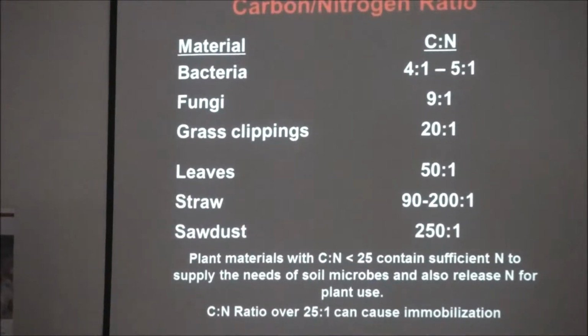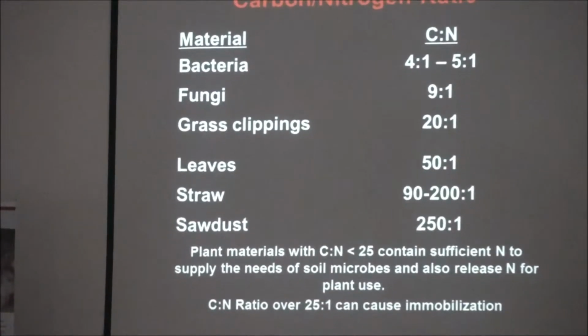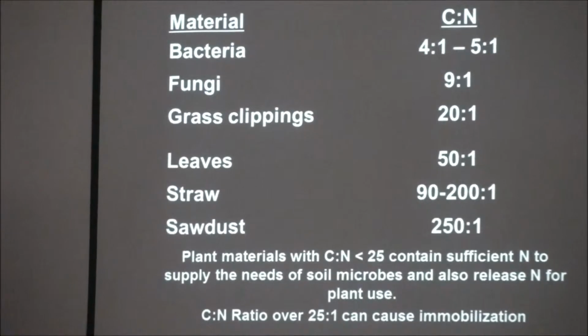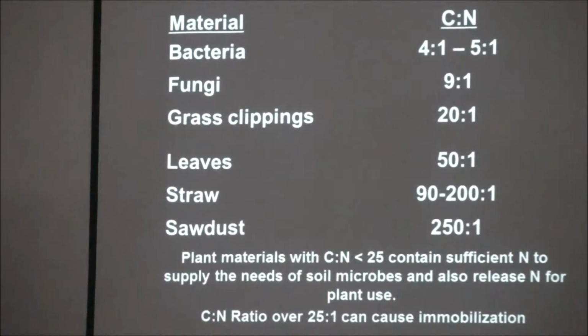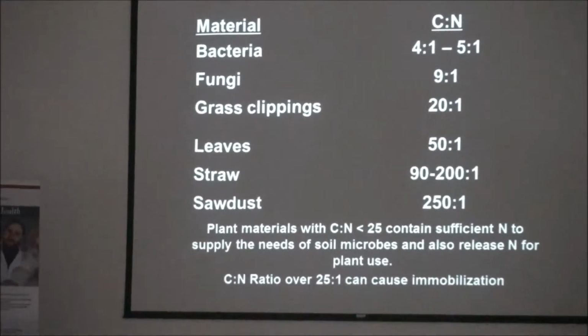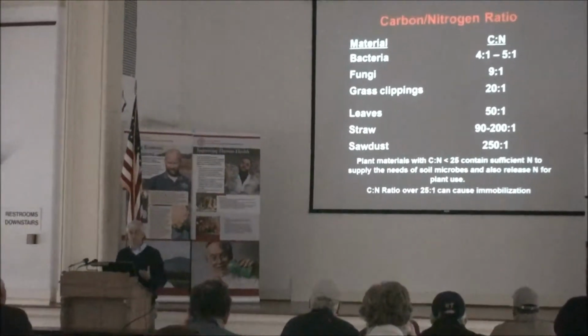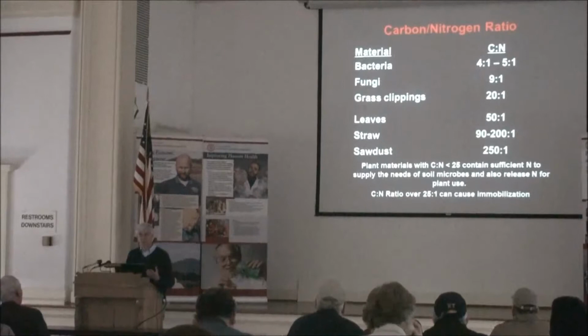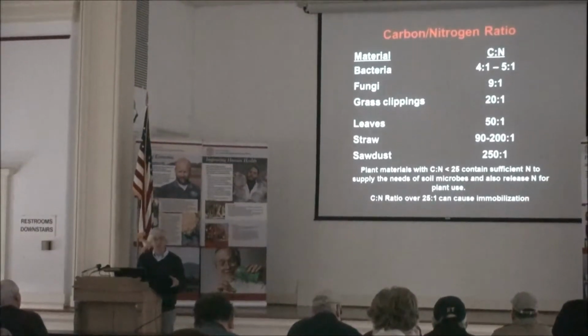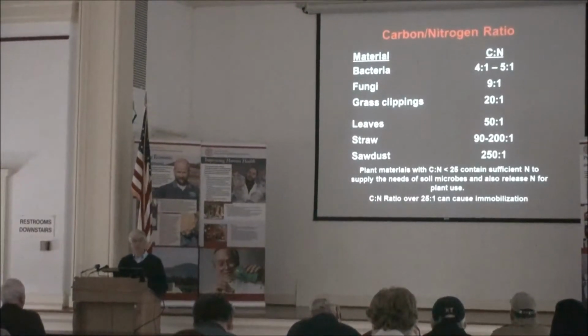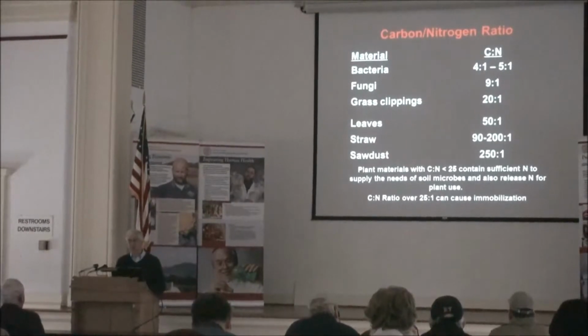Because what happens when you put a highly carbon material on soil is the soil microbes use that as a food source. They're going to be chewing up that carbon, but what they need is also nitrogen. They're going to have a population explosion. They're going to pull whatever available nitrogen is in that soil to use for their own bodies as they start munching on this carbon.